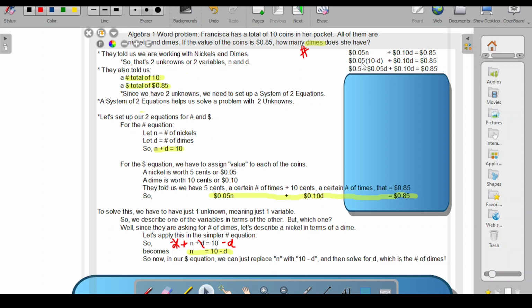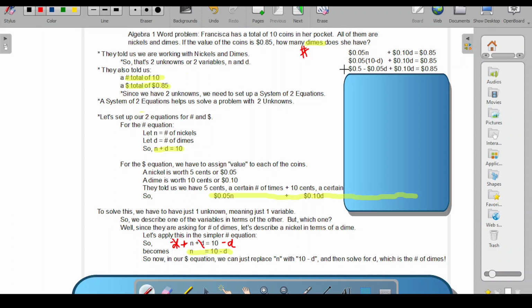In other words, if you had a nickel 10 times, you'd have 50 cents. And this is where somebody would make a mistake. 0.05 times 10 is just 0.5.